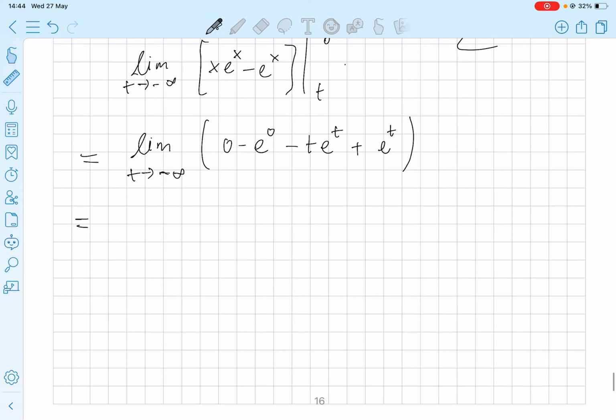So it gives us something like this: minus 1 minus t e^t plus e^t.